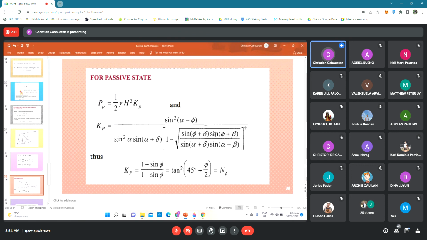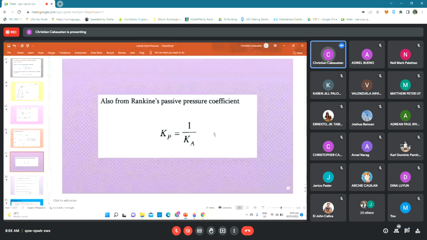But for the second quantity, the one with the square root, as you can see, all of them are positive, not compared to your active, where one part of your square root has a negative at the numerator and a minus sign at the denominator. Okay, and this would be your Rankine's passive pressure.